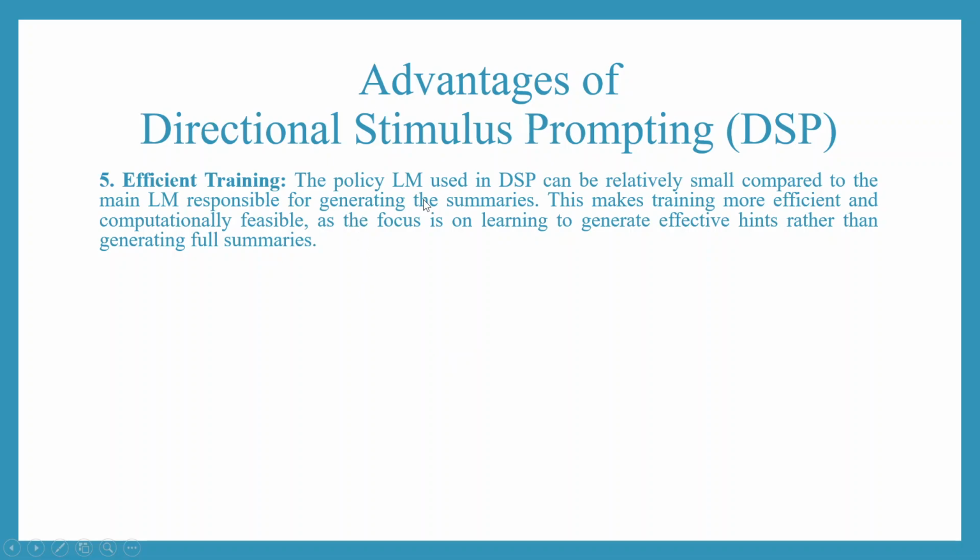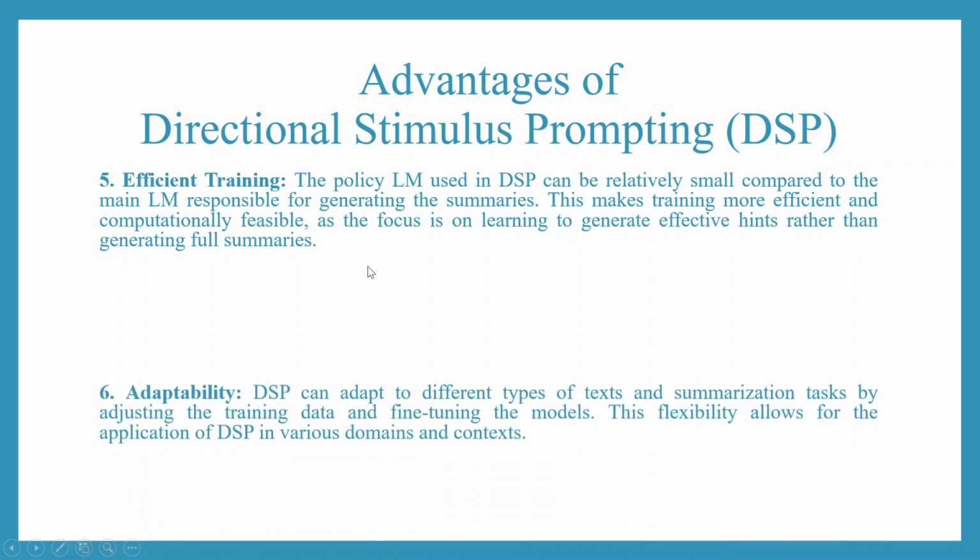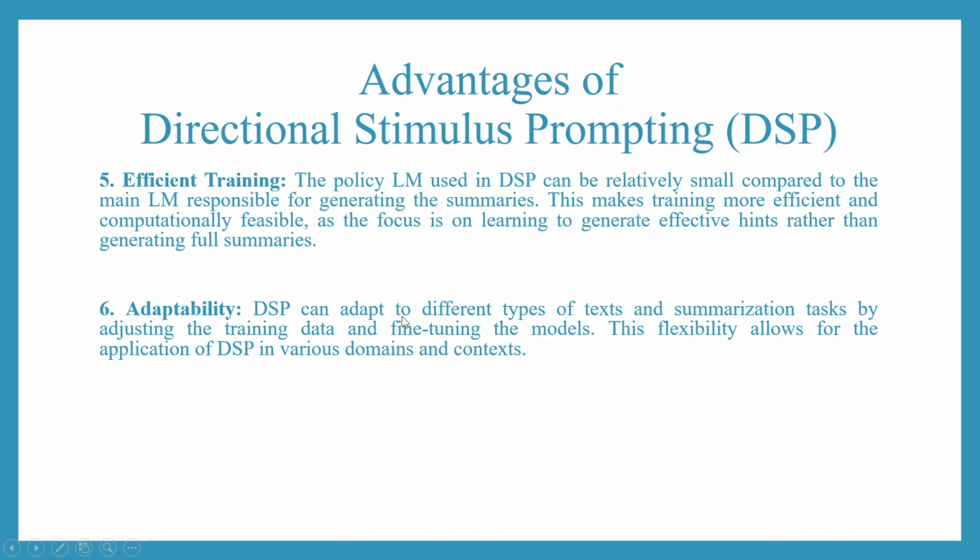The policy language model used in DSP can be relatively small compared to the main language model responsible for generating the summaries. This makes training more efficient and computationally feasible, as the focus is on learning to generate effective hints rather than generating the full summaries. DSP can adapt to different types of text and summarization tasks by adjusting the training data and fine-tuning the models.